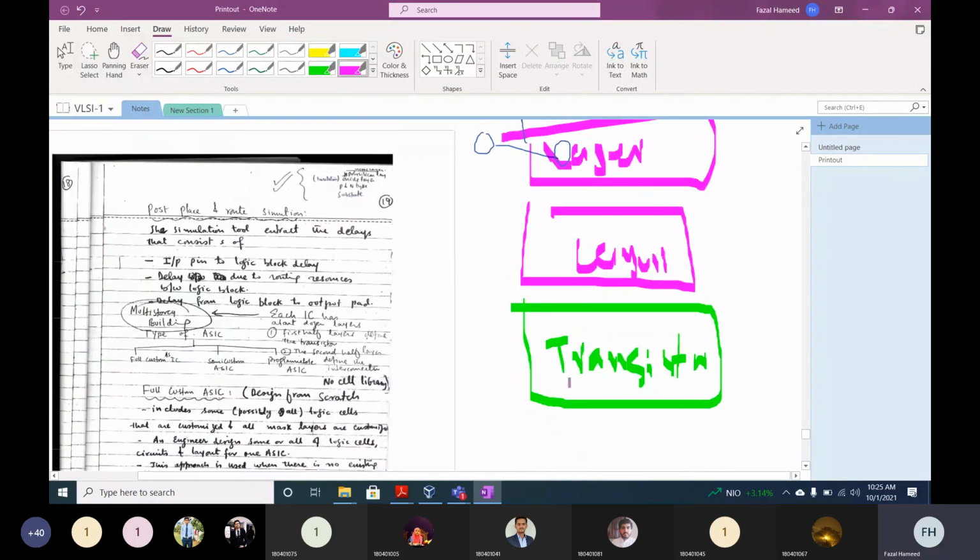So how do you connect a transistor? Let's assume a transistor is connected here and another transistor, and we want to connect them. You put a wire from here to here at layer 1, and then you connect this at layer 2 on the top wire, and then you connect them.